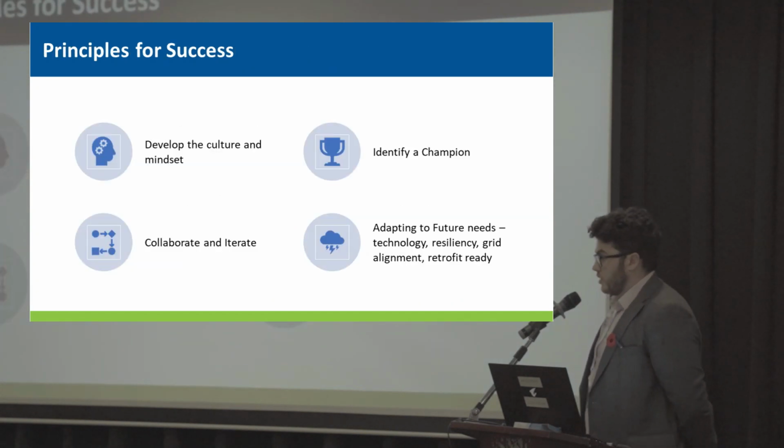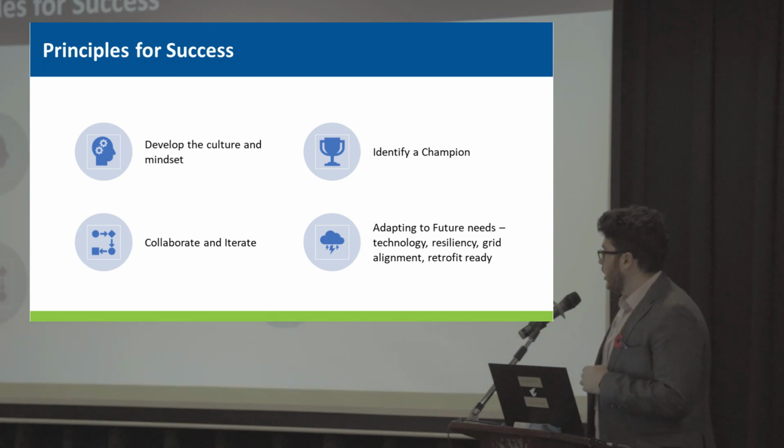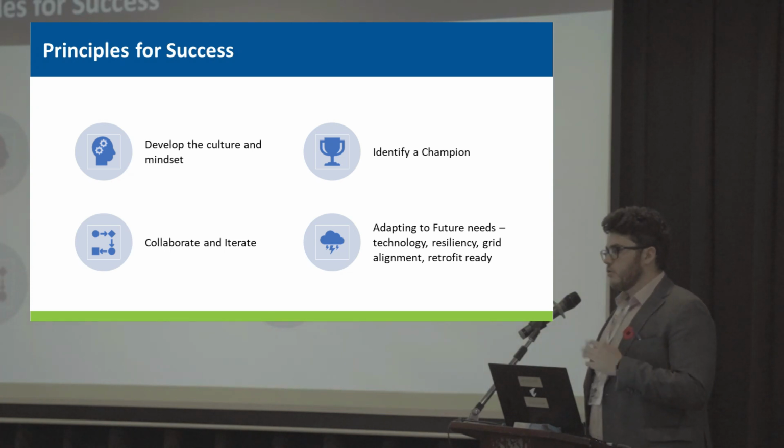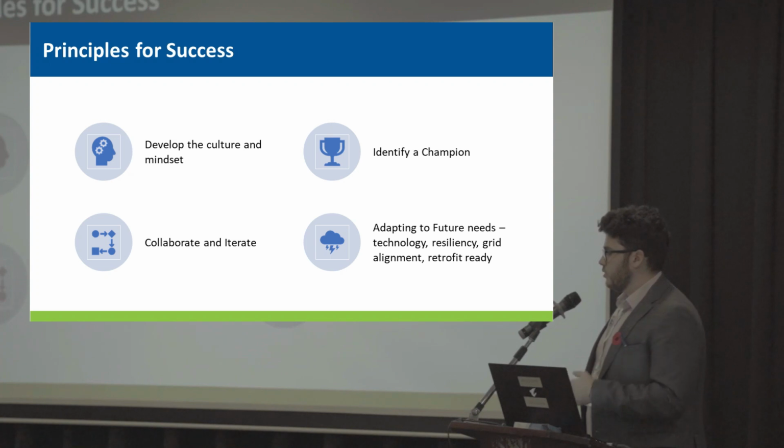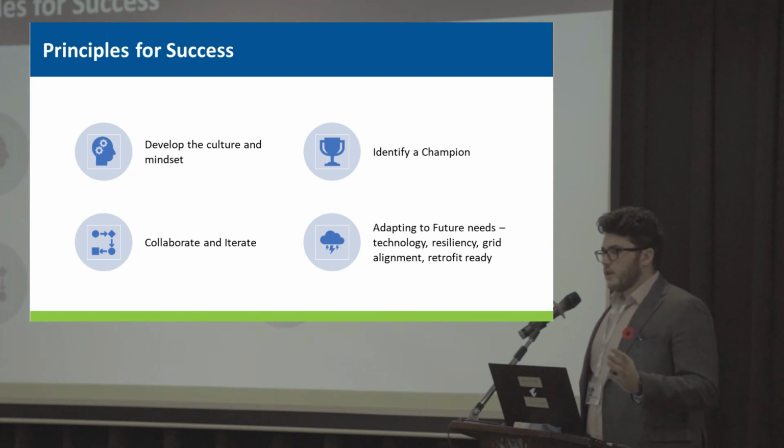So with the principles for success, it talks about developing the culture and mindset. So you want to have a team that focuses on achieving zero energy, and the owner itself also wants to have zero energy. You have to identify a champion. So the champion is the person who's in charge of driving the bus, making sure the architects, engineers, and owner are all aware of the zero energy process, how to get there.